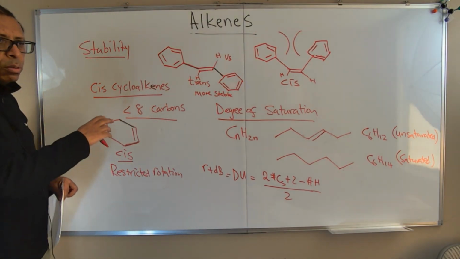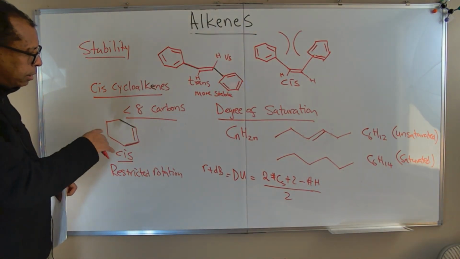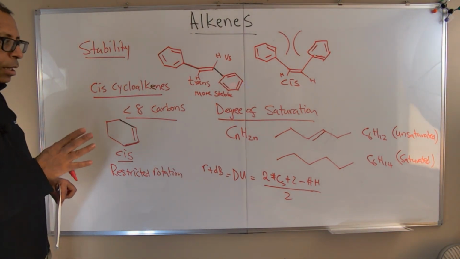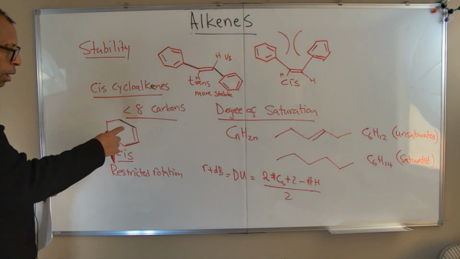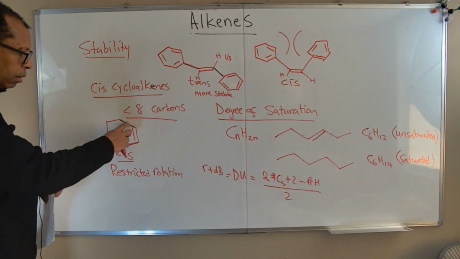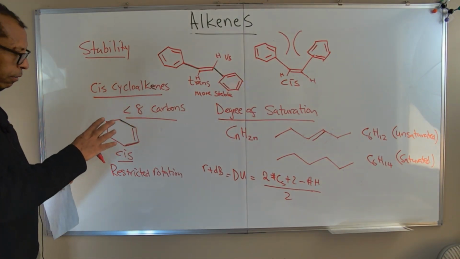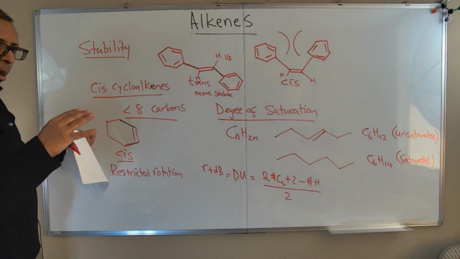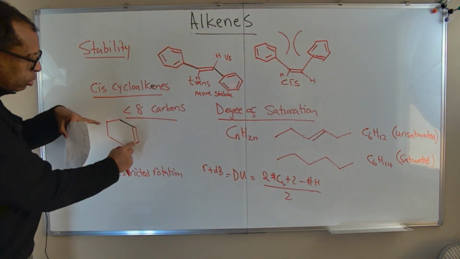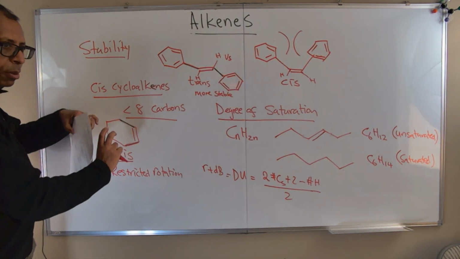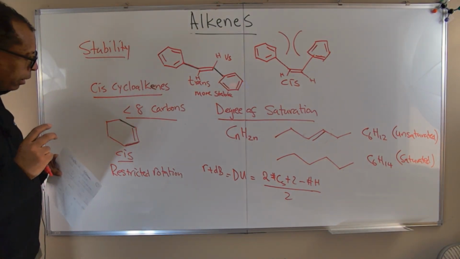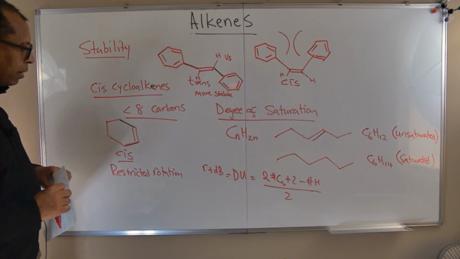When it comes to cyclic systems, cis cycloalkenes are the most common ones, especially if the ring is 8 carbons or fewer. Here we have 6 carbons, therefore it should adopt a cis form. There is no way these two bonds would be twisted to make a trans for smaller cyclohexene or cycloalkenes.